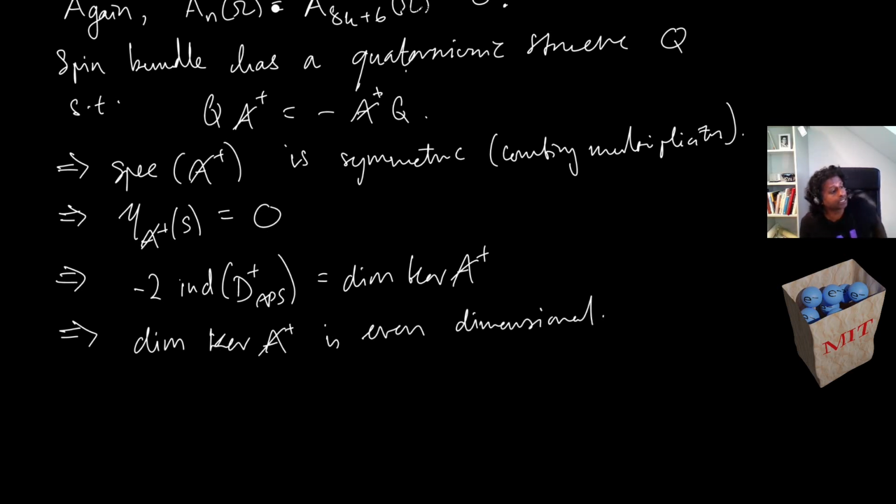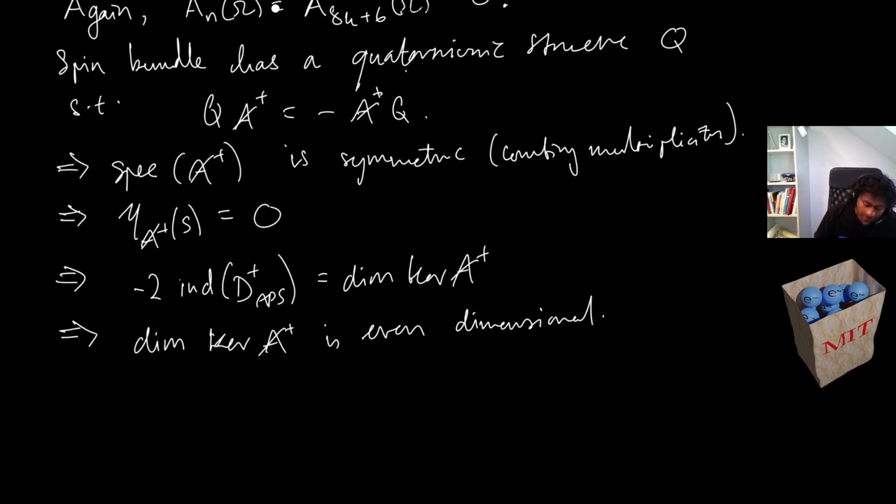The point is that we end up being able to extract quite a lot of interesting information. This is just a small sample of the applications. If you go out in the literature, you'll see dozens of interesting applications for the index theorem.